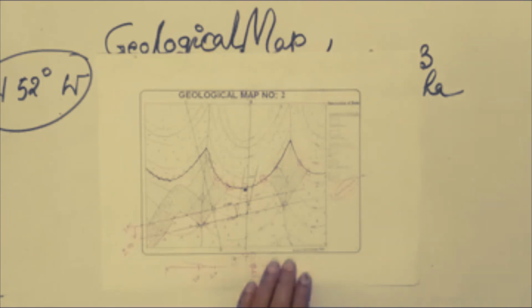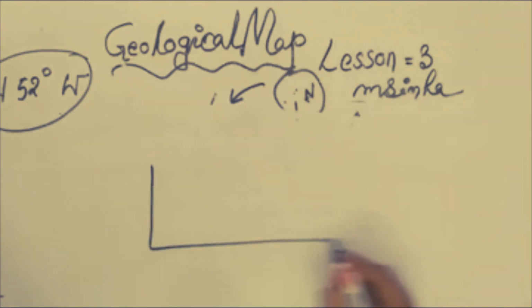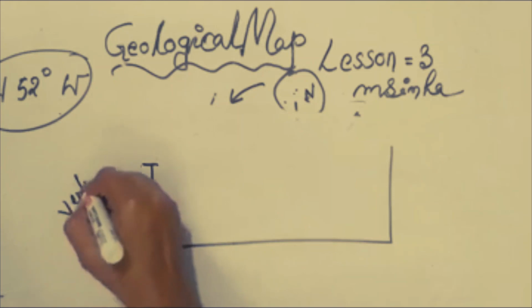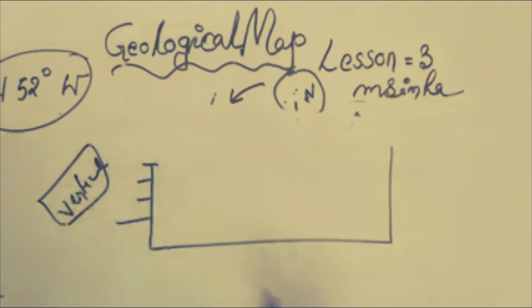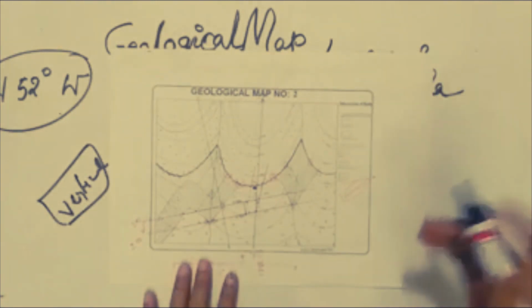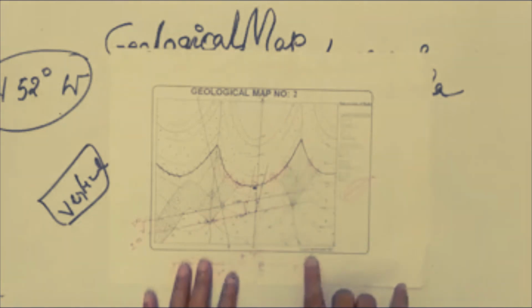And sometimes students, preparing the landform for the first time, select a vertical scale. But if you change the vertical scale in your own way, then you have to change all the scales. Here students are taking 1 inch equal to 200 feet, or 2000 feet, or 5500 feet.